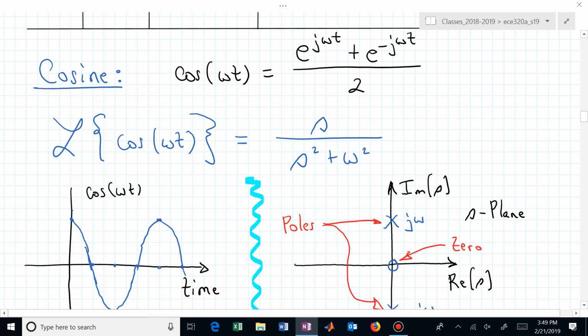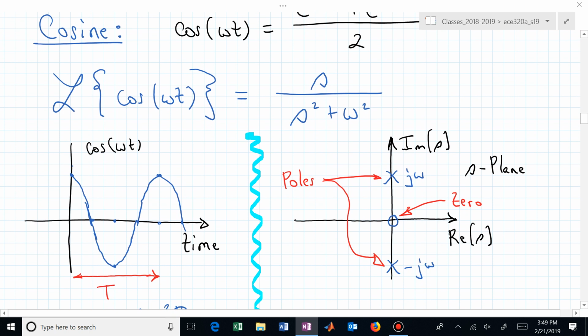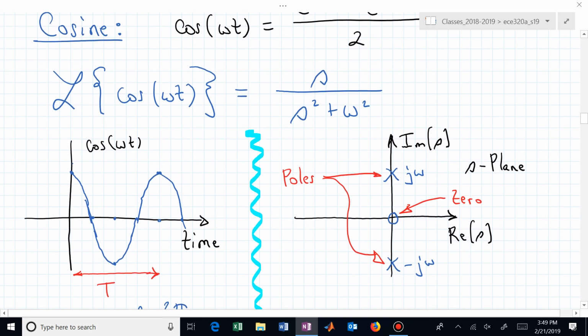Doing that, we end up with the Laplace transform being s over s squared plus omega squared. In the time domain, I'm now trying to sketch what that cosine looks like. And here, this T is the period of that cosine waveform. That's not the settling time. Does this ever settle, cosine omega t?